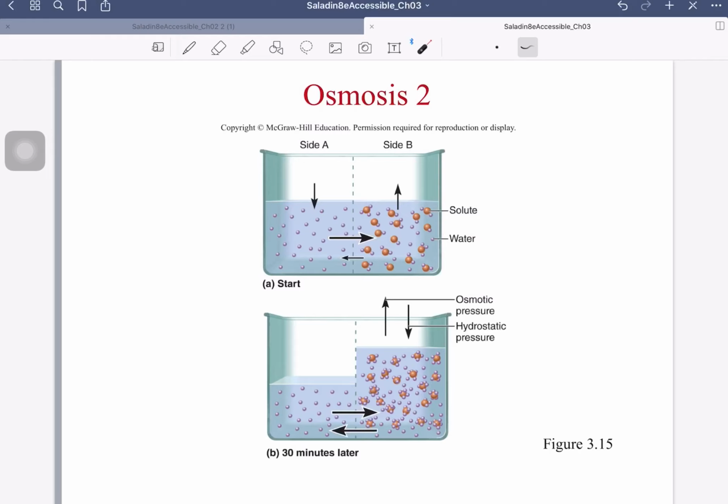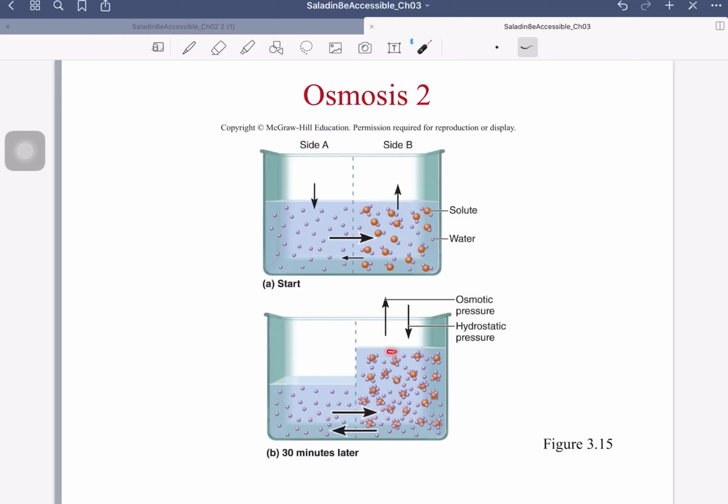And it's kind of like water behind a dam. If I have more water behind a dam and I open the gates, the water's going to come through faster. This hydrostatic pressure is going to build up and try to force water back this way. So now I have two forces at work: the osmotic pressure or osmotic force, which is bringing water over here, and water building up here.